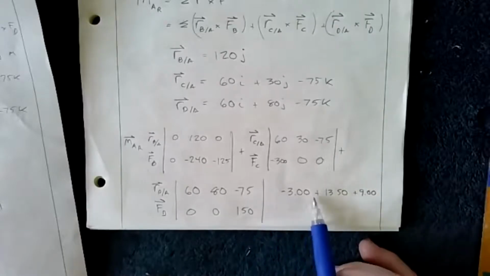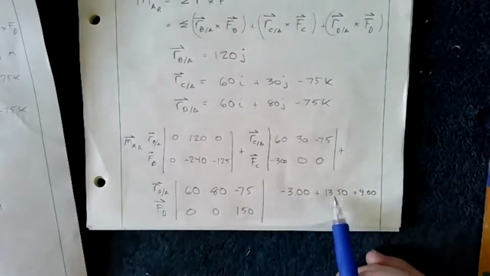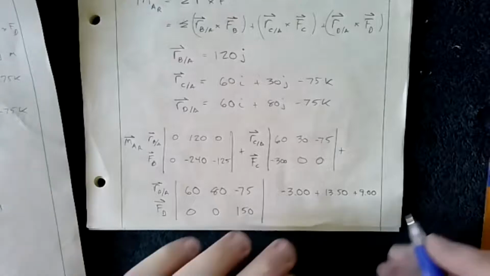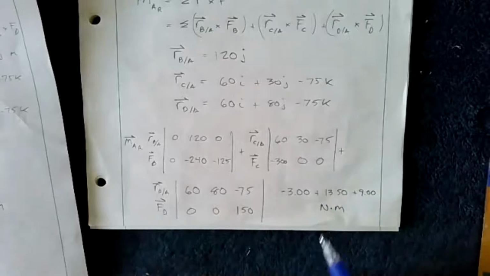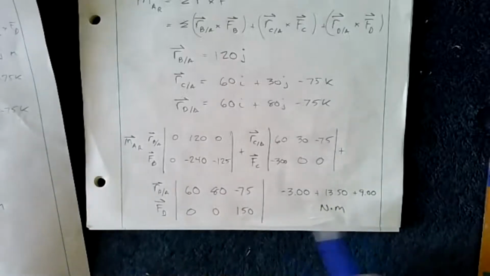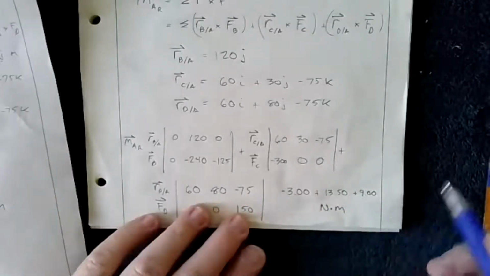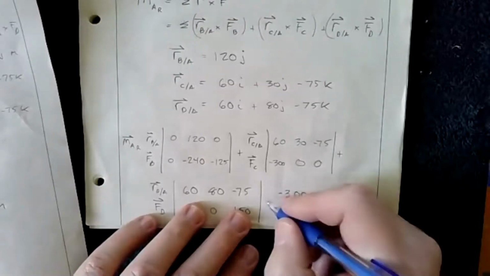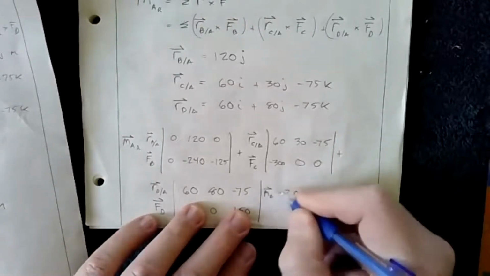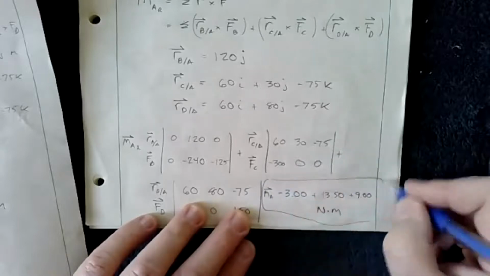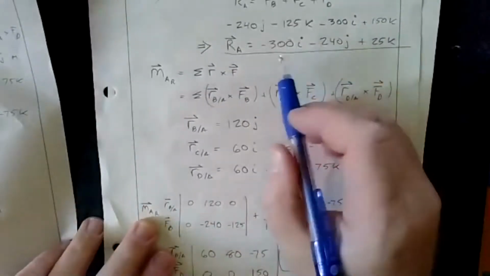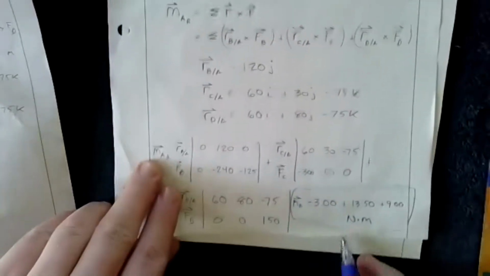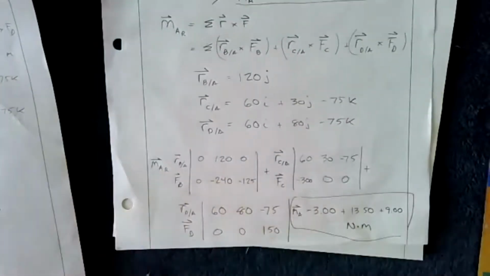So this would have been 3,000, 13,500, and 9,000, and this is in newton meters. You can leave it as millimeters, I just find it's a little cleaner this way. So that's your moment at A, resultant, right here, and of course this force here. So for your final answer, you'd box this, and you'd box that, and then you'd be done. So that wasn't too bad.